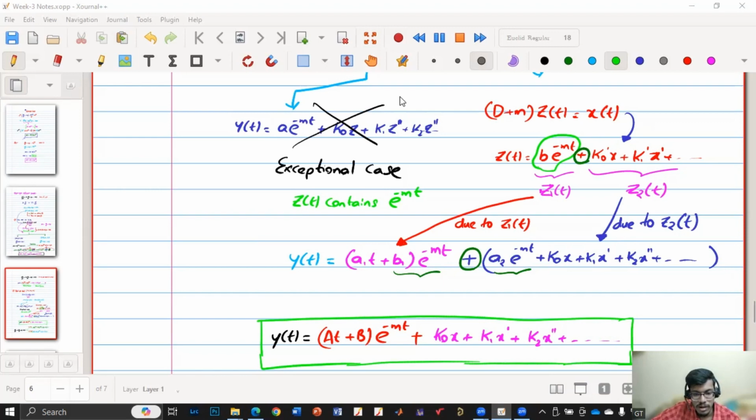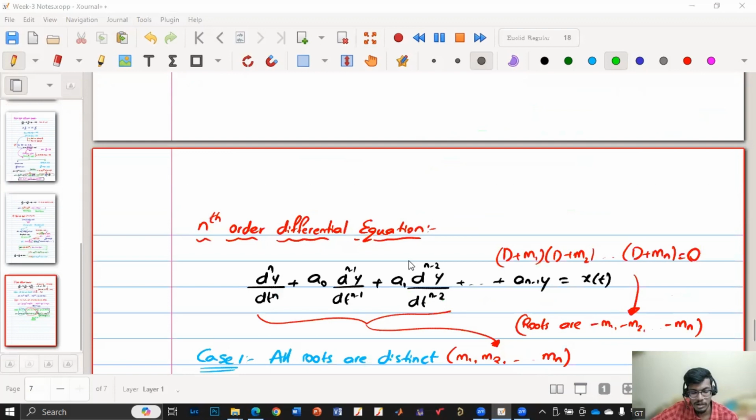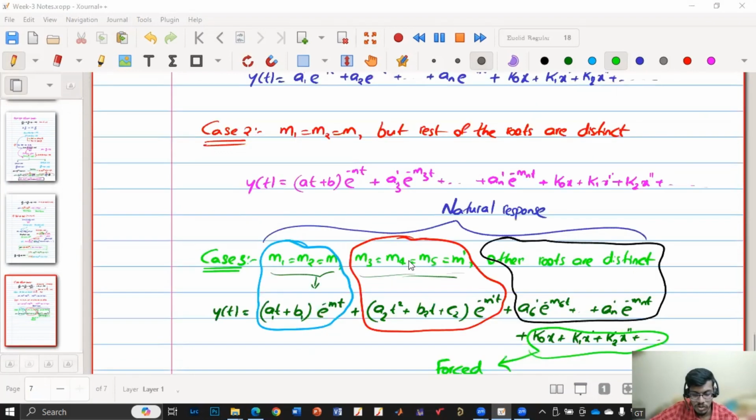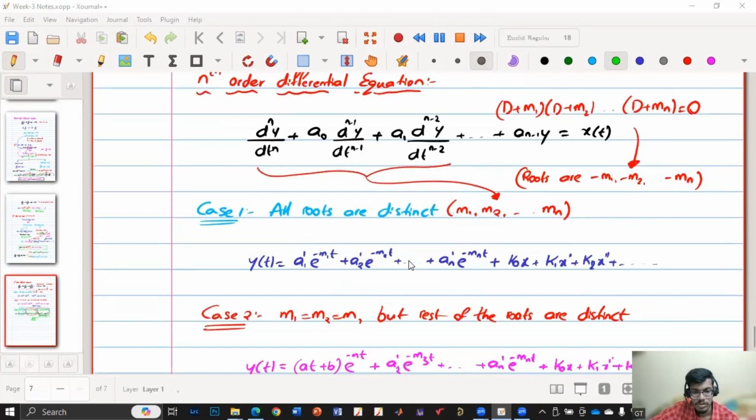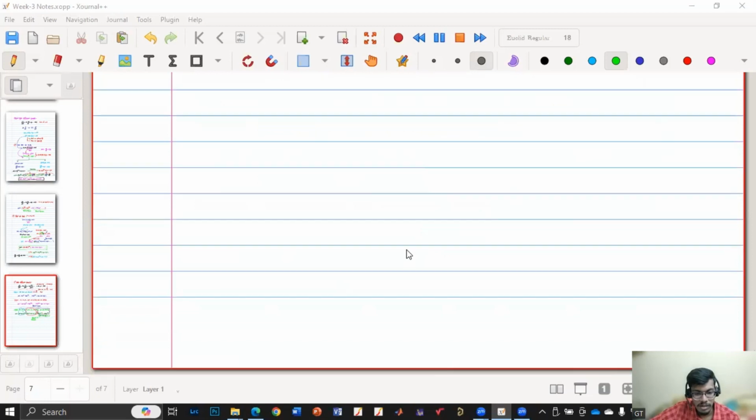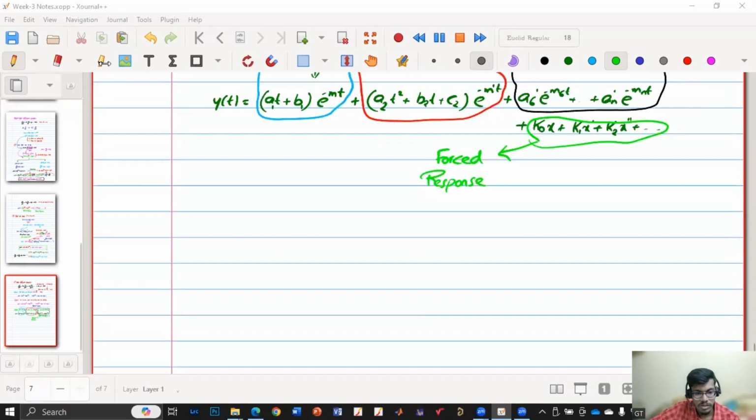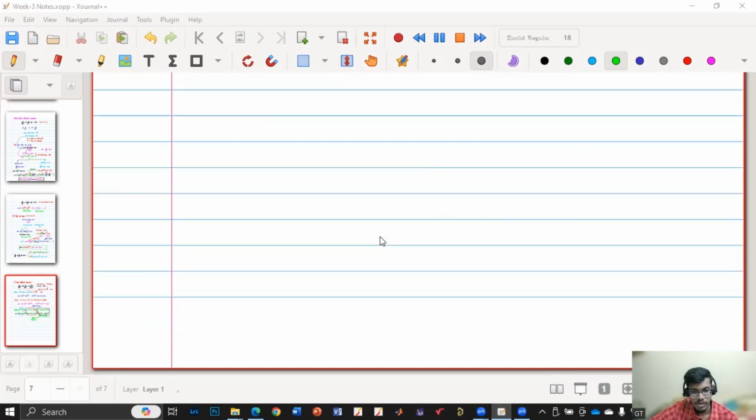So because exponential terms are coming in the natural response only, only the natural response is affected. Okay. So I hope that part is clear, Naveen. Am I able to convince you, Naveen or Neeraj, whoever has asked? Okay. If you have any query, you can ask.